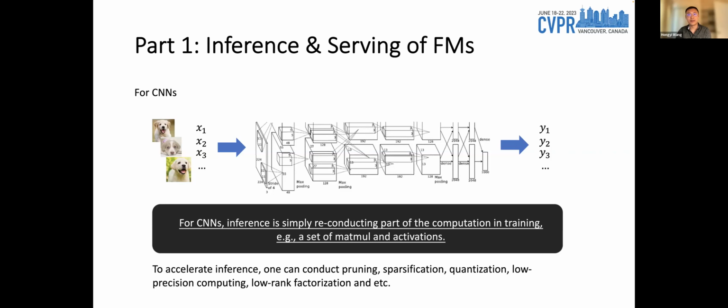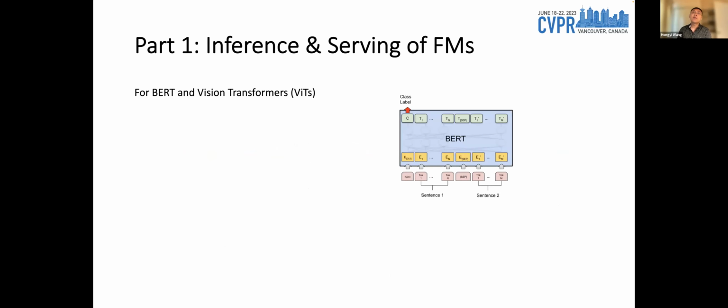We can just batch input and process it through the network. So what happens for BERT and vision transformer models? They came a little after the convolutional network. The input is a little different because in BERT and vision transformer models, we are processing sequences instead of individual images. For an image, we split it into different sub-images and make that a sequence, and put that into the BERT or vision transformer model.